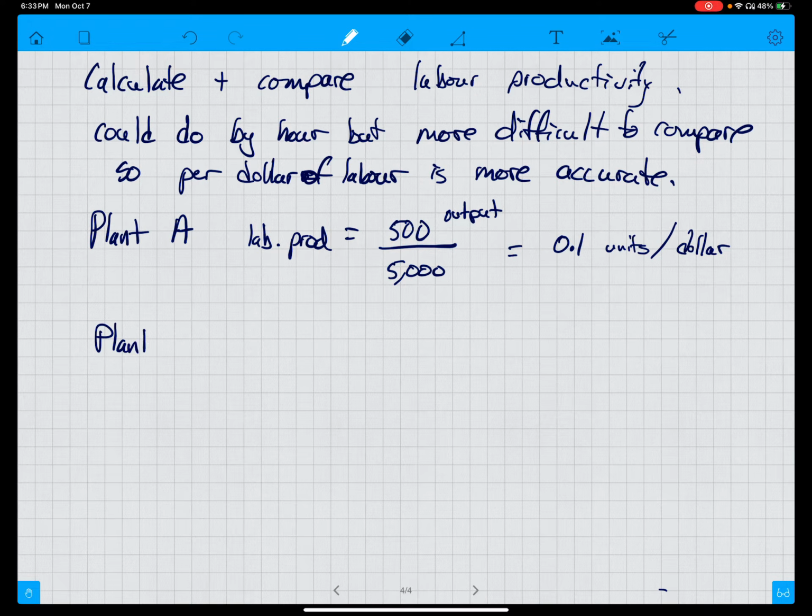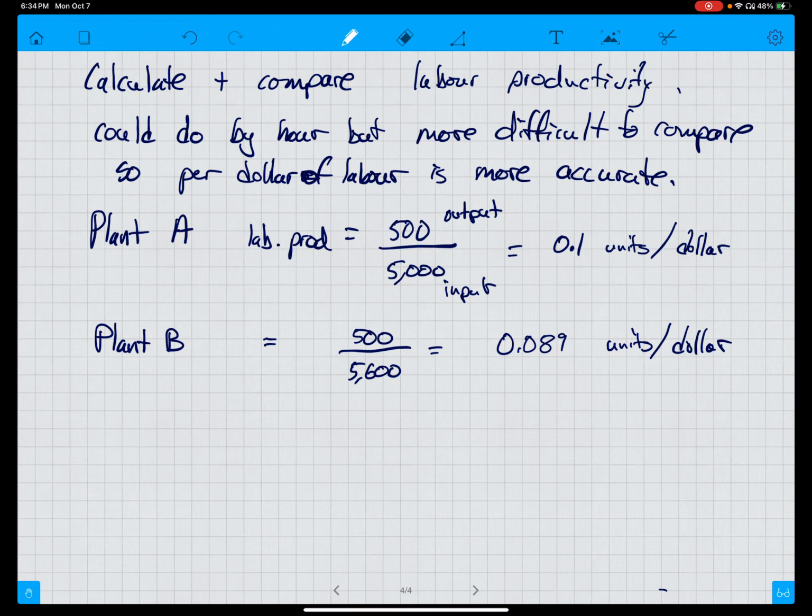Plant B is equal to 500 divided by 5,600 equals 0.089 units per dollar. Now, I've calculated them just as you would output measures or productivity measures.